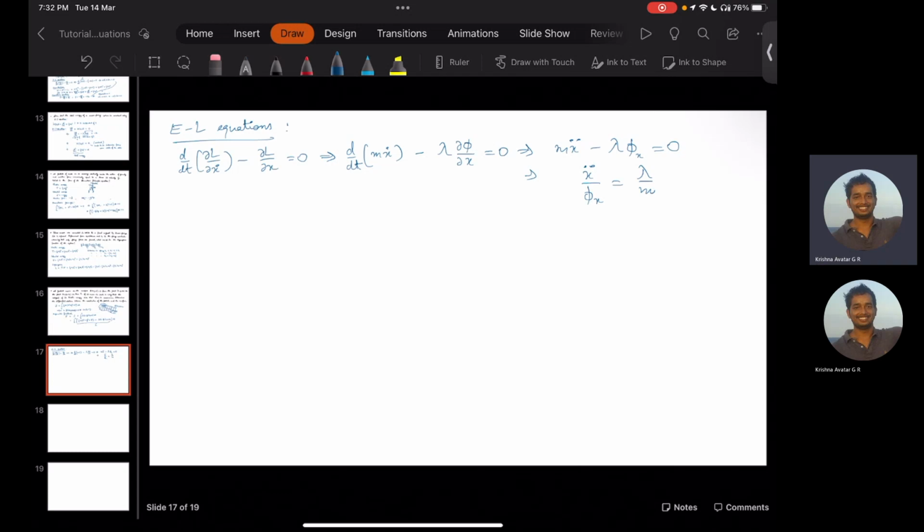Now the second Euler-Lagrange equation is d by dt of del L by del y dot, minus del L by del y.